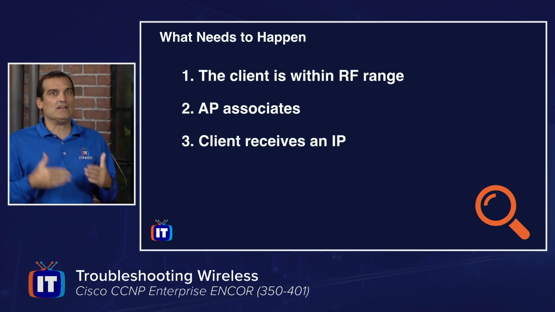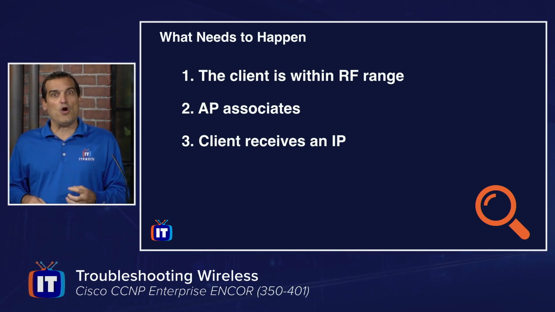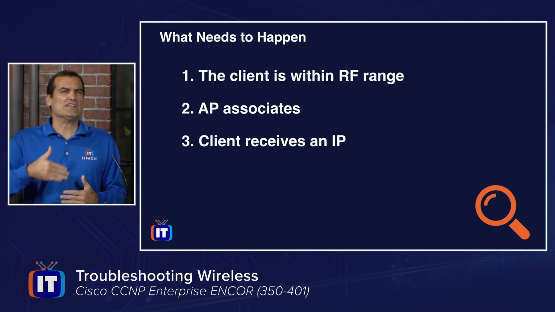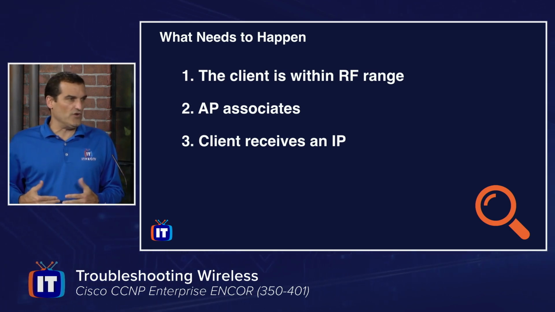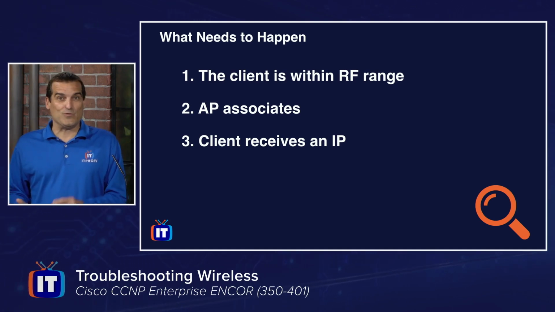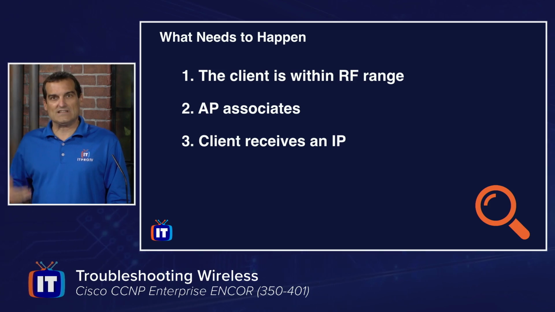The AP association, when we're in the enterprise environment, we looked at in an earlier episode the many steps that are involved with that AP speaking the language of love, which is the CAPWAP and the DTLS, and all that's got to go smoothly with the wireless LAN controller.